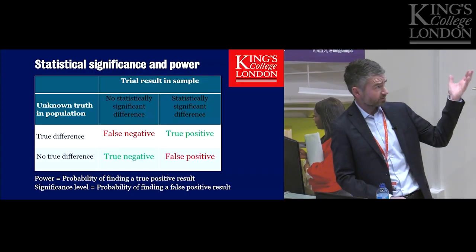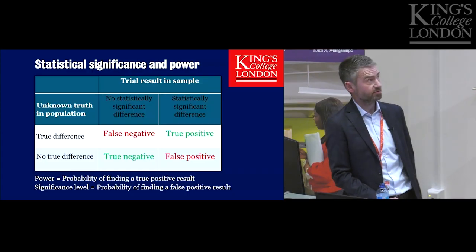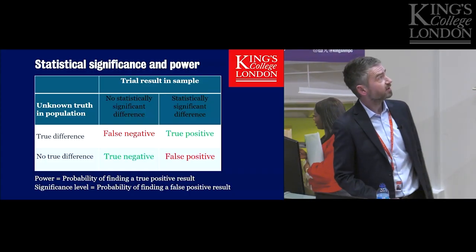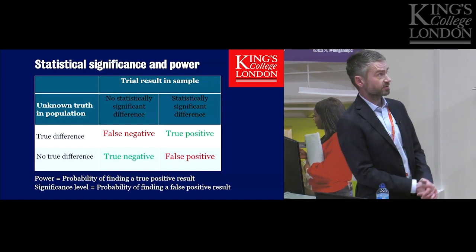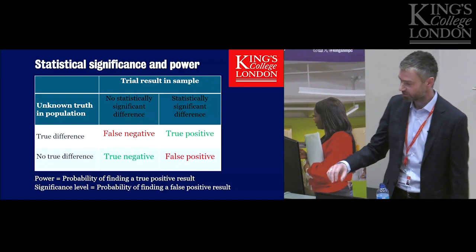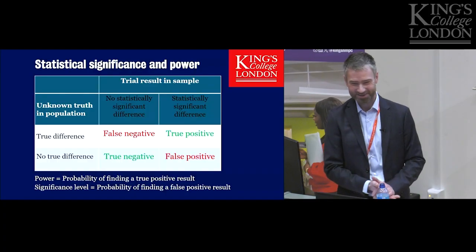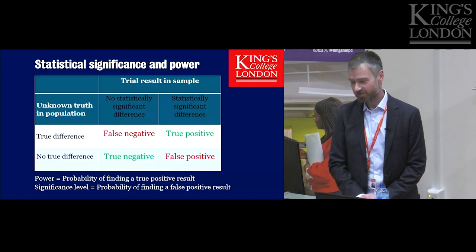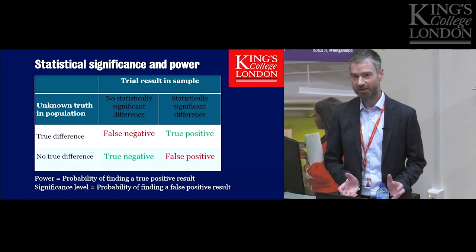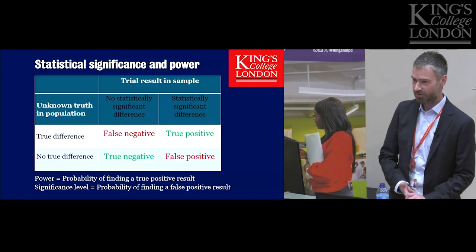So we can either find a true negative result or a true positive result, shown in green font. Or we can find a false negative result or a false positive result, shown in red font. And sorry, I appreciate red and green, perhaps not the best colour combination. Anyway, and also we have our statistical power, so that's the probability or chance of finding a positive result if there is one.